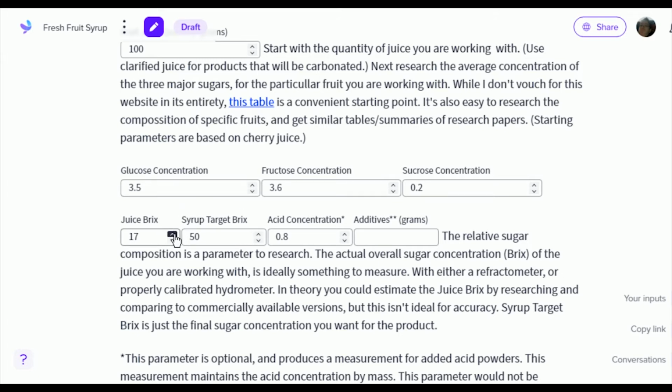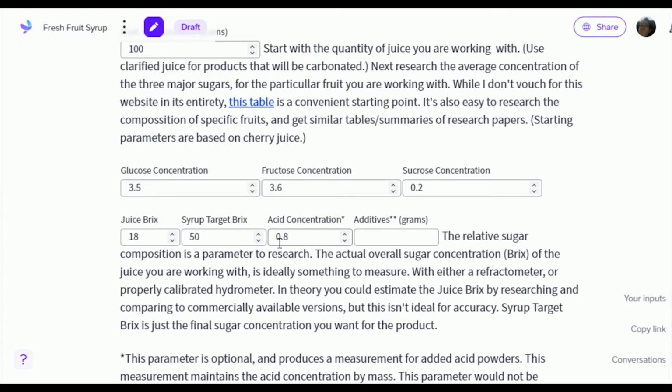So when I measured the Brix, it was roughly 18. So now we have 18% sugar behind the scenes being distributed into this ratio.